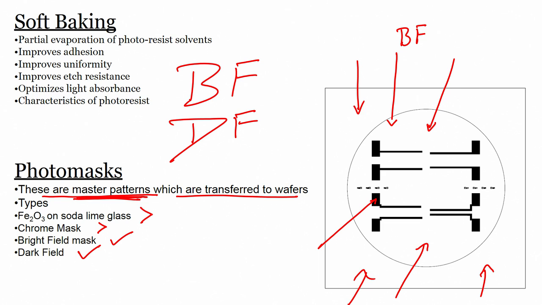I have shown you how the bright field mask and dark field mask look. I am not going to repeat the same thing again and again, because it will get boring. We have already seen what the bright field mask and dark field mask are.